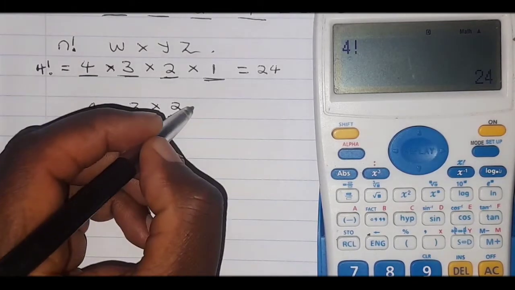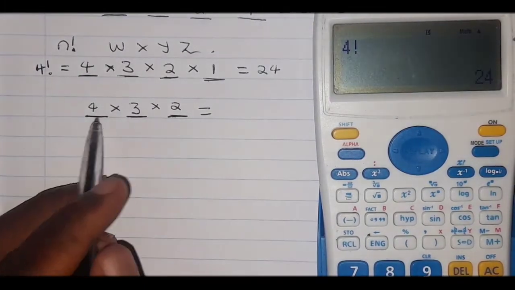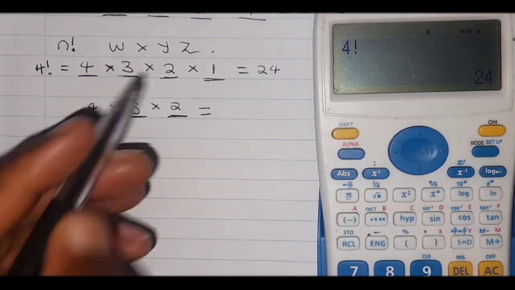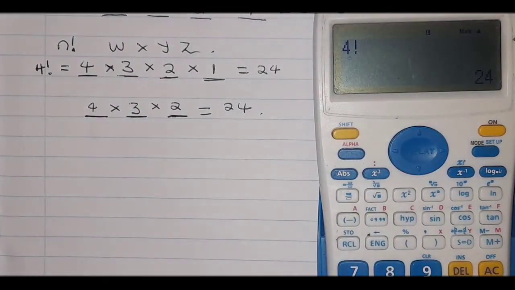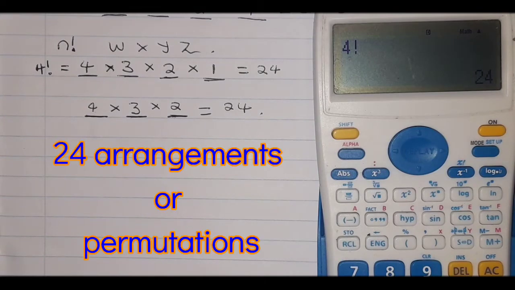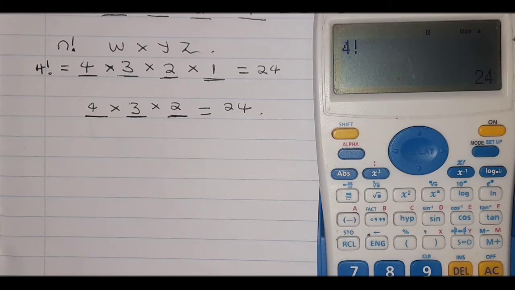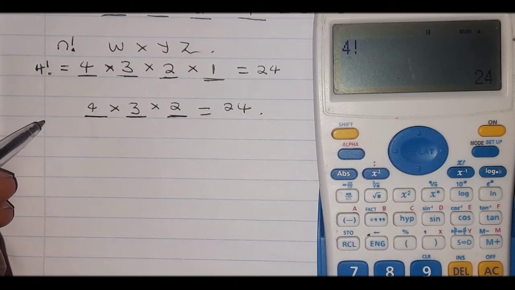So this is going to be equal to 4 times 3, 12, times 2. That's 24 different arrangements. All right, there is a different way of doing this, or let me say there is a formula that we use to deal with cases of this nature.